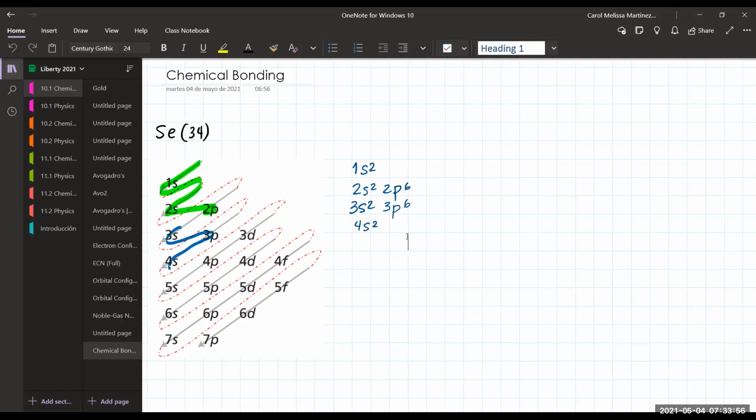Now I have 20 electrons. So I need to go on because I need 34. So 3d10, which is 30. Then 4p4, 34.